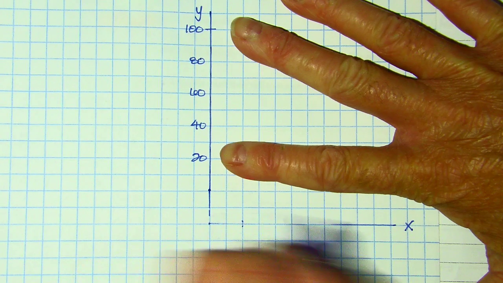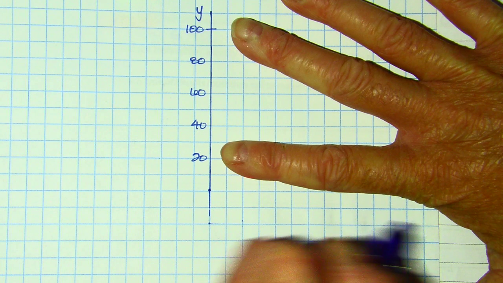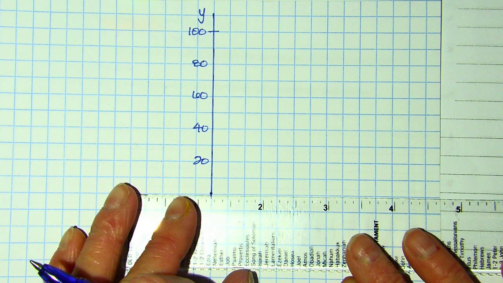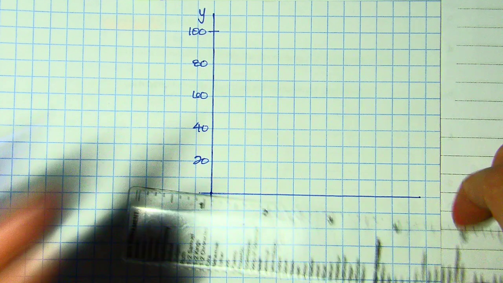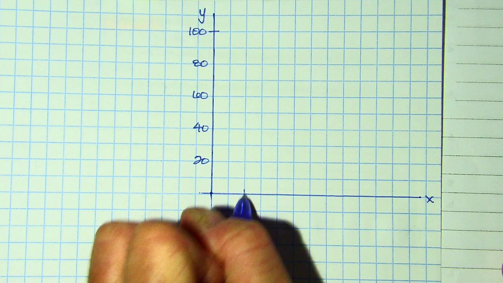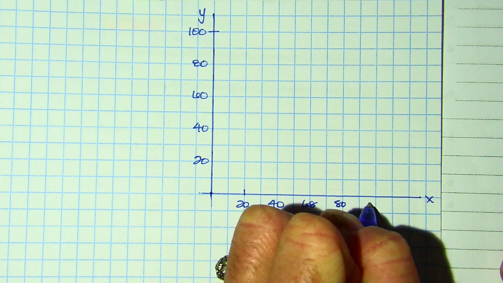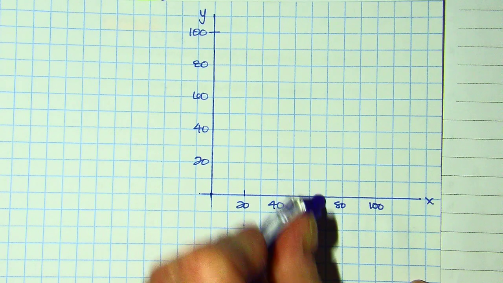I did this wrong. Sorry. $20, $40, $60, $80, $100. This should be $60.